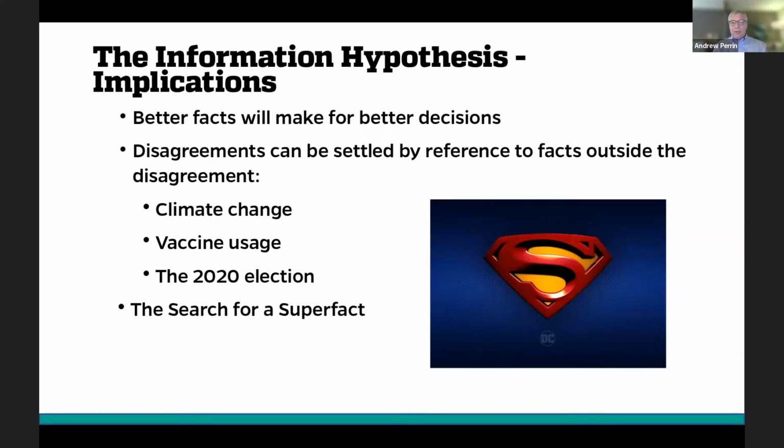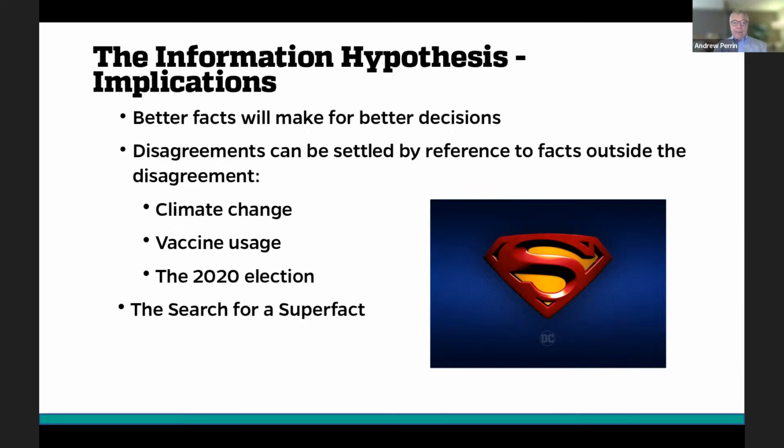Similarly with vaccine usage, that the facts about vaccines yield only one argument as to individual or political decisions about vaccines, that the facts about the 2020 election will be fully sufficient to identify what people should or should not do or think about it.